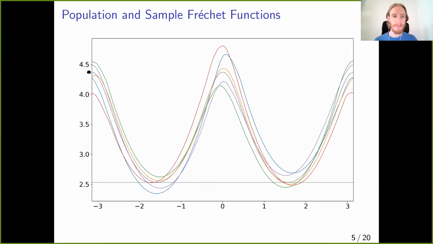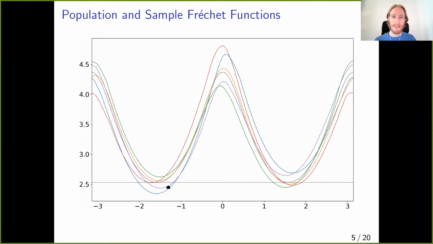And that's actually true. And now let's look at the Fréchet function. The function we minimize here, this is the dotted black line, and it has actually two global minima, which are at this value, given by this horizontal line. And now the colored lines, those are 5 different samples of size n equal to 100 I drew from this population, and I calculated simply the sample Fréchet functions.